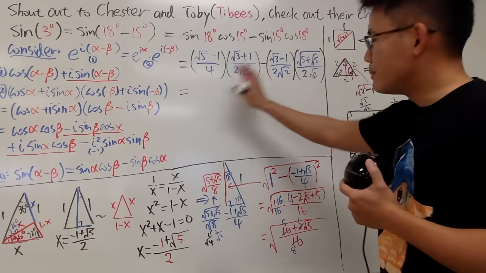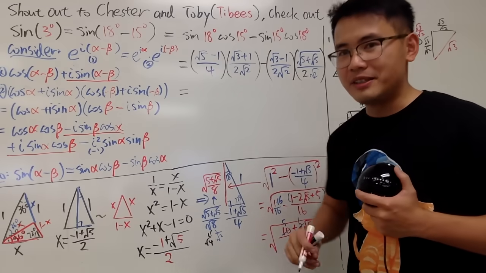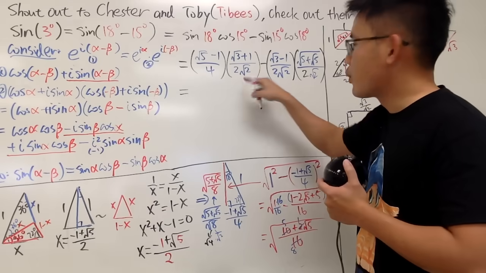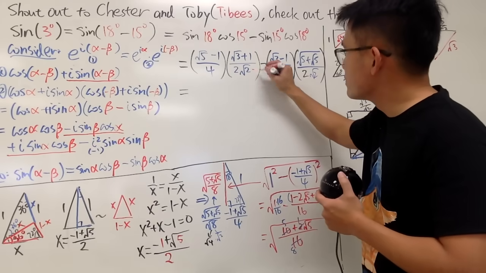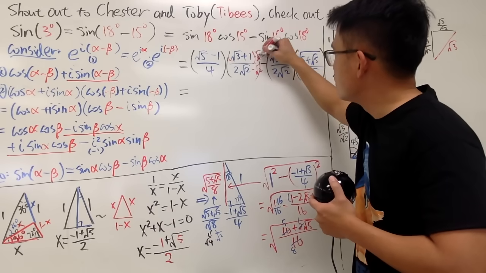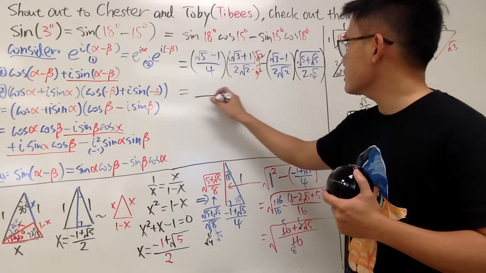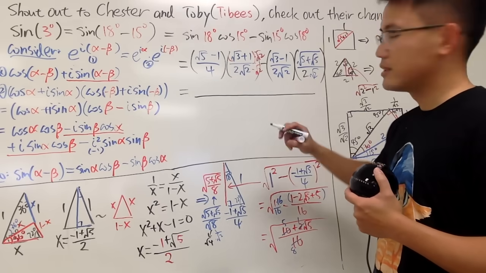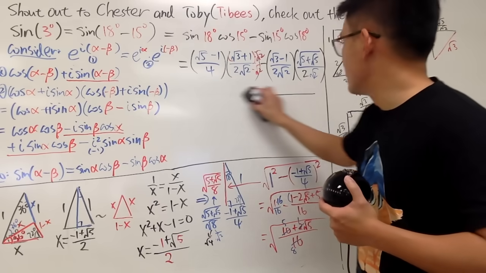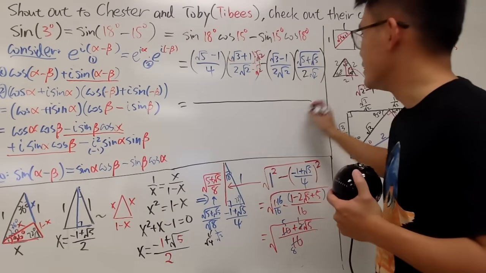So I want everybody to have these two things to have 16 in the denominator, okay? Because this is 8 square root of 2. So let me just multiply this by square root of 2, and let's also multiply this by square root of 2. With that said, you will see, okay, let's put this down right here. And because this is the final answer, I will just write it big enough for us to see.